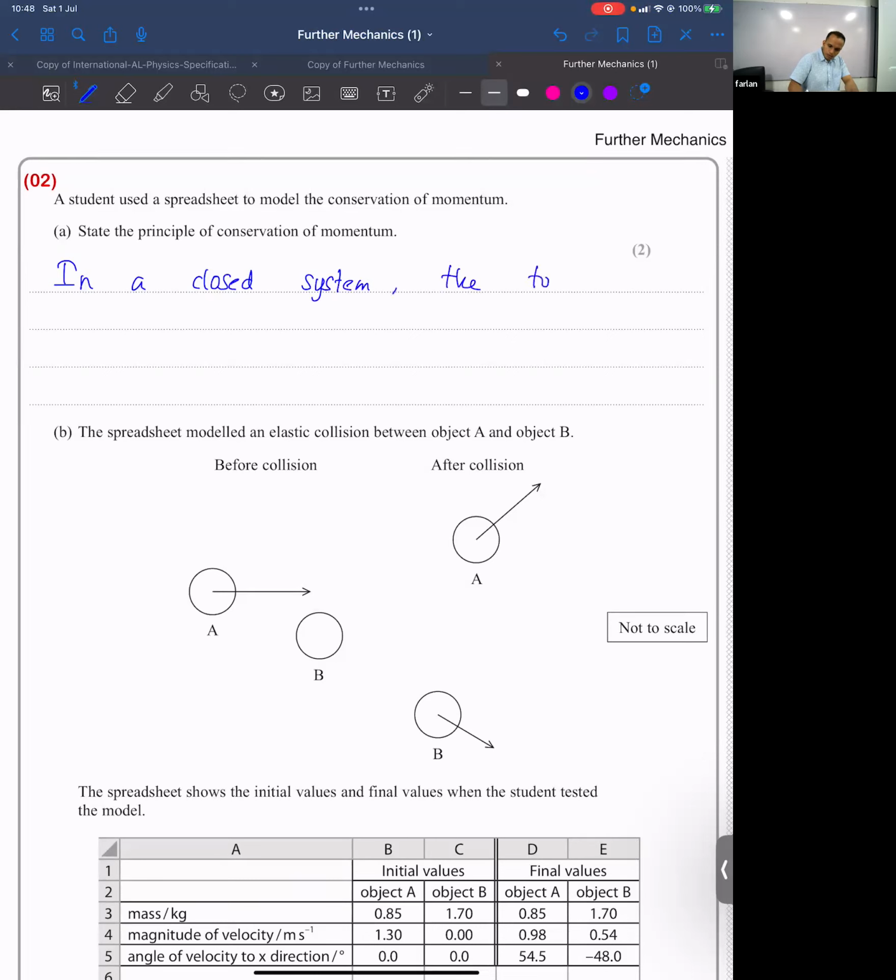If you can't remember, please go home and immediately check the momentum topic that we have done for AS levels.